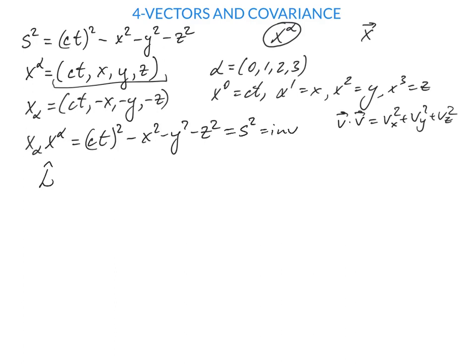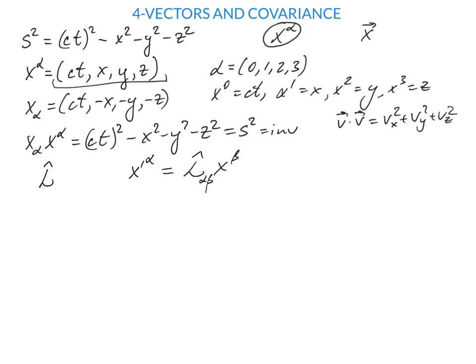So if we have x prime alpha, those are the transformed coordinates, it's given by L acting on the old components. So L is a 4x4 matrix.